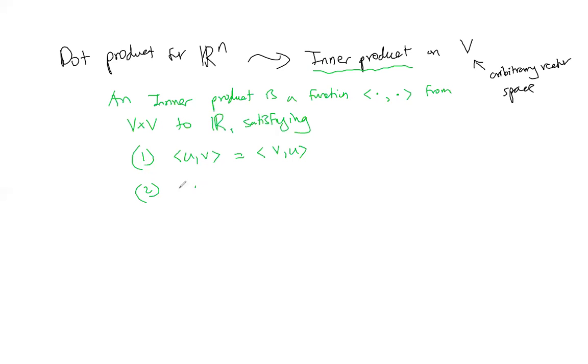And this is the same thing. When we have cU and V, we should be able to pull out this c. And likewise, if you have U plus V, this needs to distribute. This is linearity, technically called bilinearity. This is called symmetric.